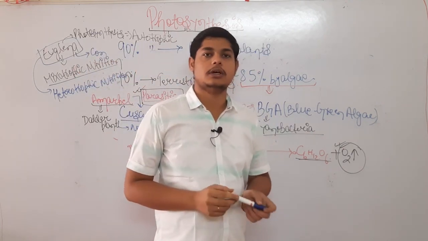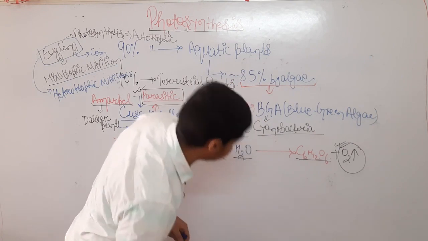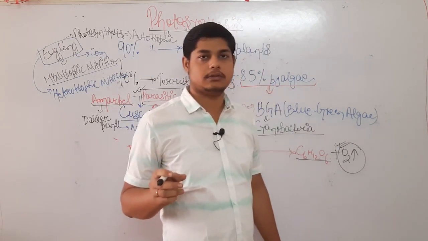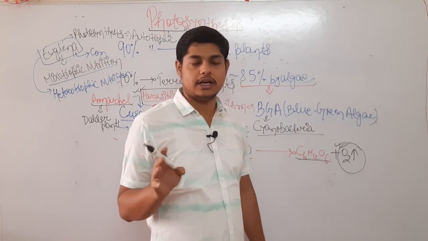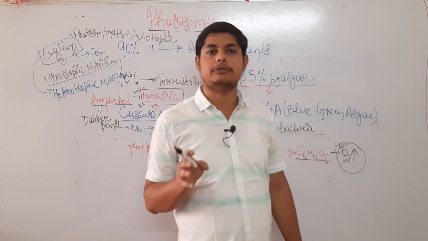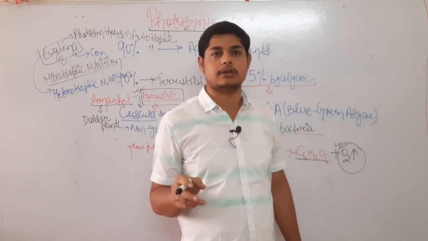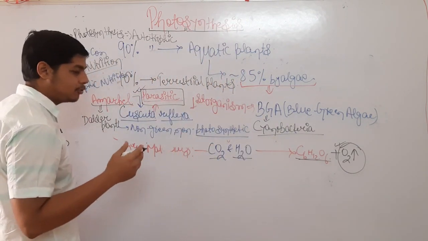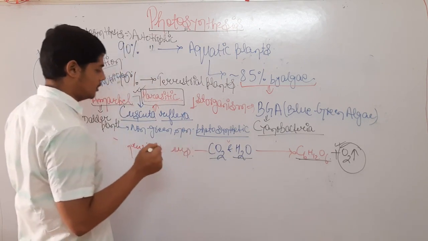Then we will study some more facts. Basically all the roots of plants are non-photosynthetic, that is, they do not have photosynthetic pigments, chlorophyll basically. But some plants have photosynthetic roots.